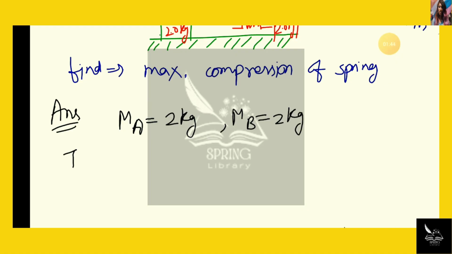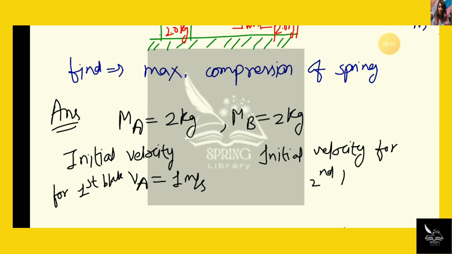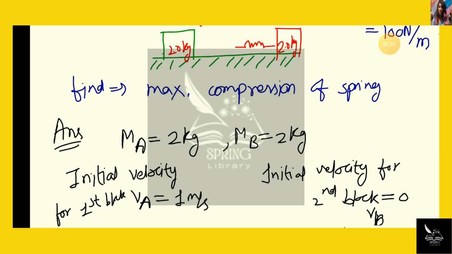The initial velocity of the first block is Va equal to 1 meter per second, and the initial velocity of the second block is Vb equal to 0, because the second block is at rest.